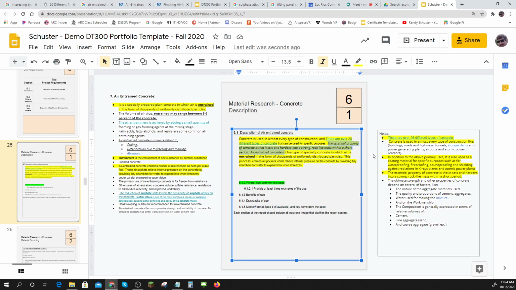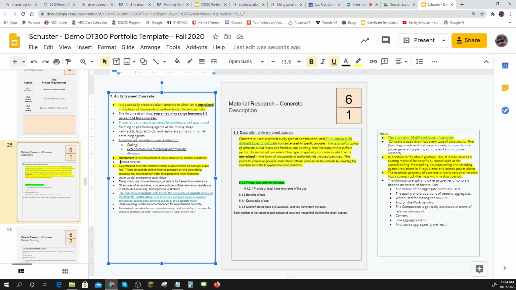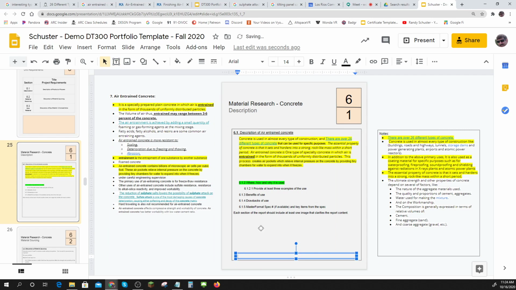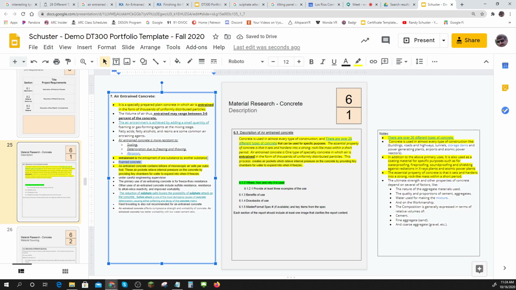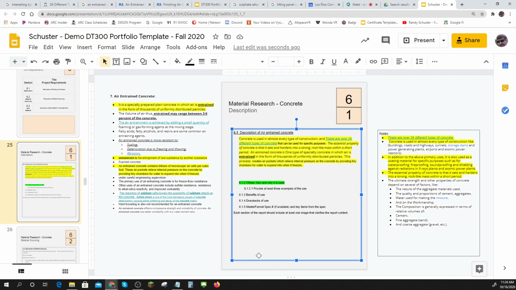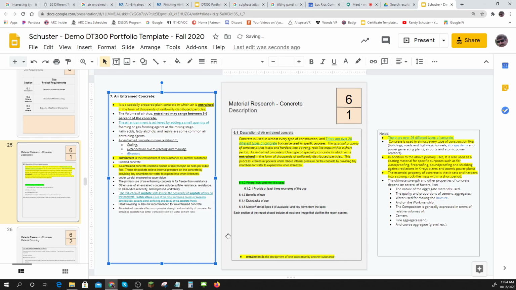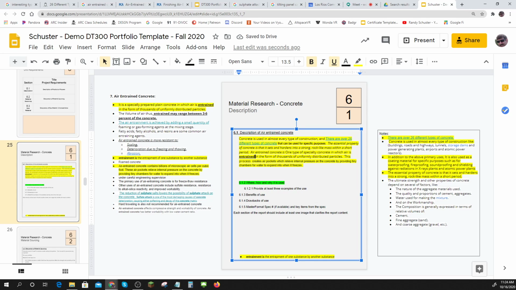Okay. Oh, and one other thing is down here on entrained, which air is entrained. I might put that down at the bottom in some sort of a little footnote, so that I can actually do that. And I just put a little tiny 1 behind it. And it doesn't have to be bold, and it doesn't have to be underlined, and it can be a little bit smaller.